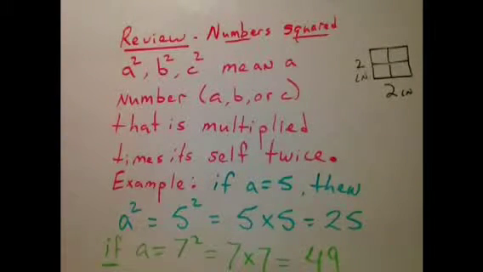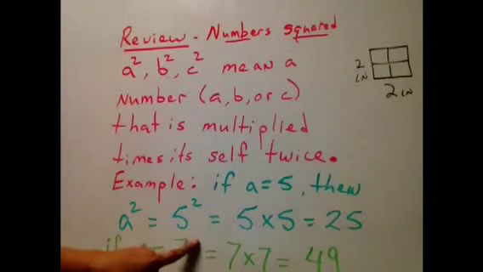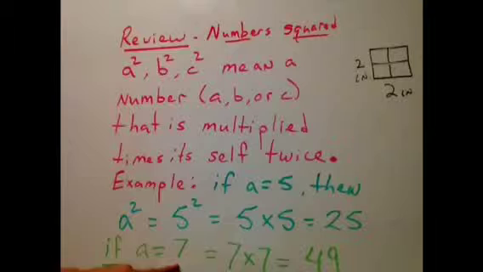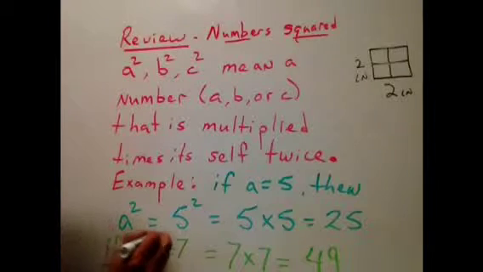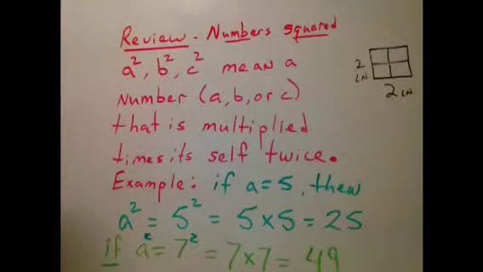What if a was equal to 7? If a was equal to 7, then a squared would be the same thing as 7 times 7, so our answer would be 49. And that's what a squared would equal, okay?